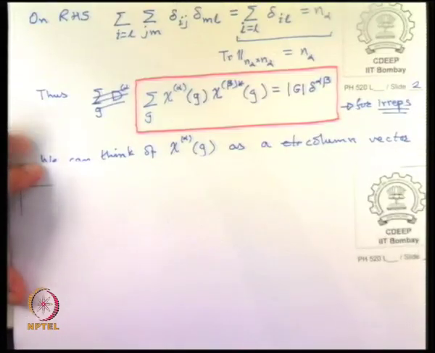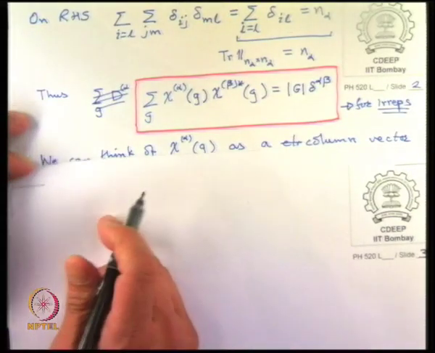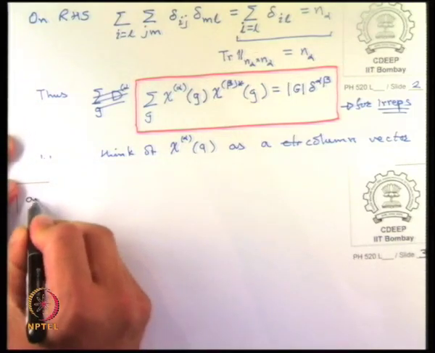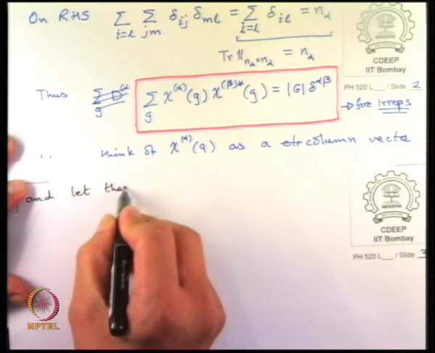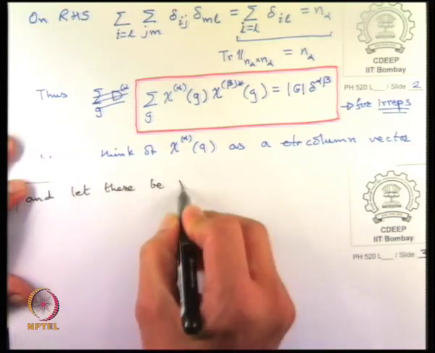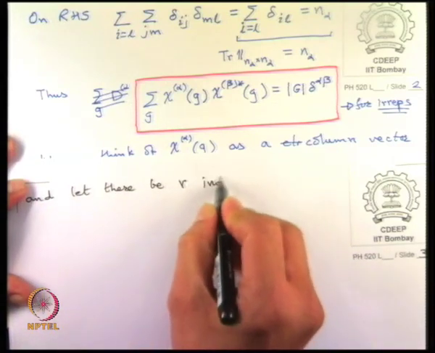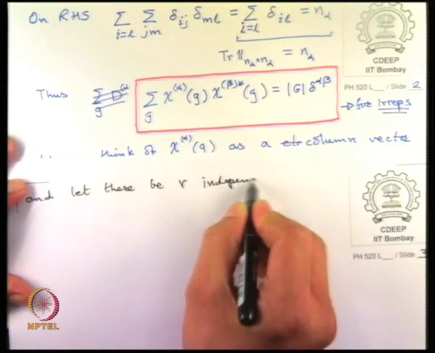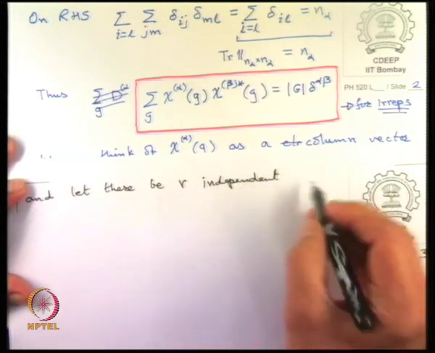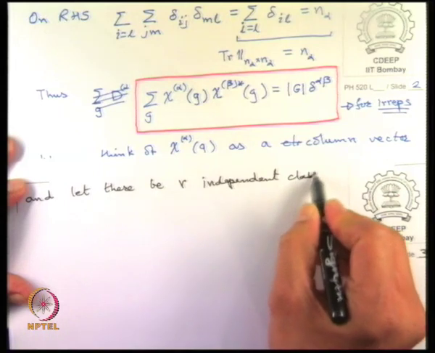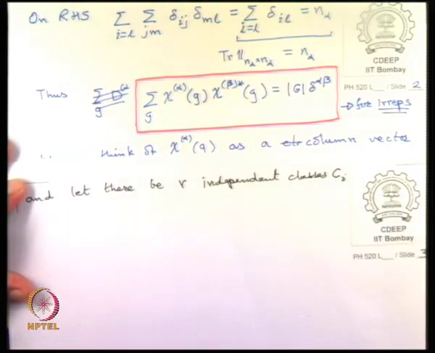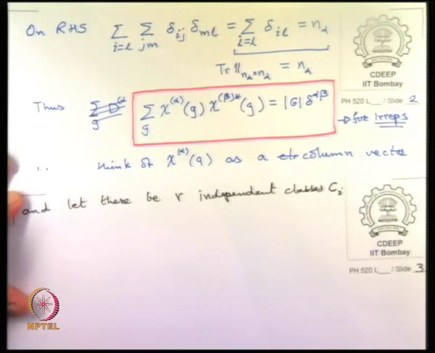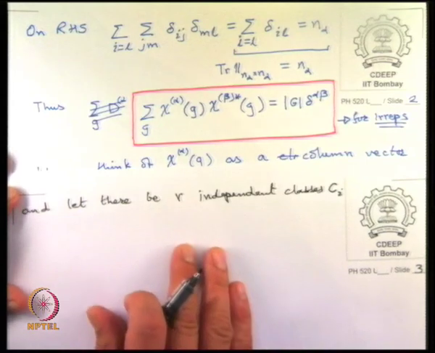So this relation becomes a sum over R independent classes. They are of course independent, as you know, because the classes are found by an equivalence relation. An equivalence relation produces disjoint subsets.